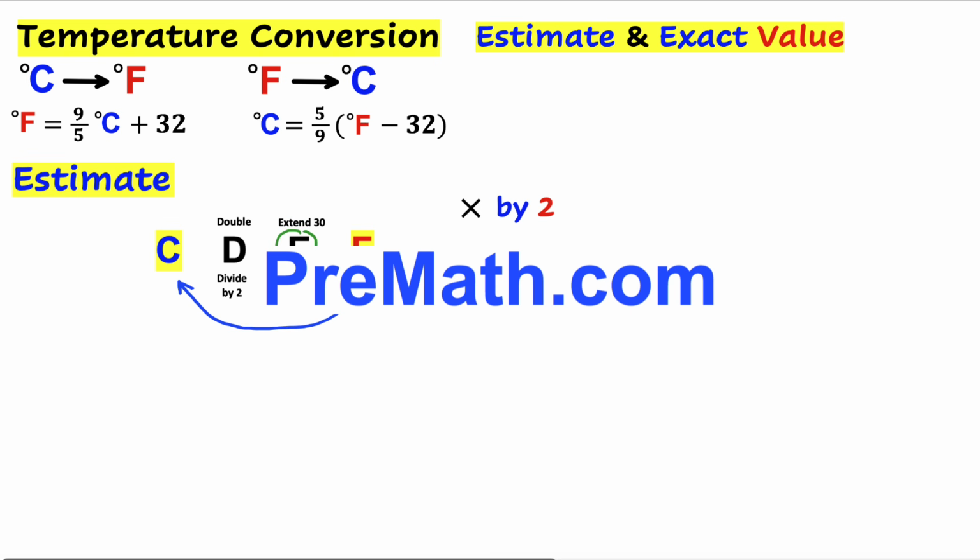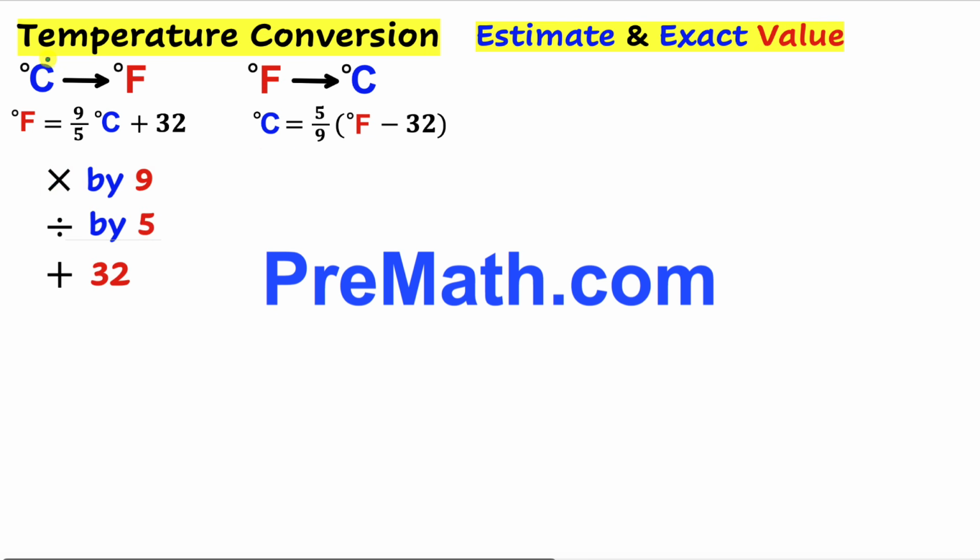E means we are going to eliminate 30 from the value of F. And then whatever the result is, D stands for divided by 2. And then we are going to get our degree Celsius value. In other words, going from Fahrenheit to degrees Celsius, we are going to subtract 30, as you can see over here. And then we are going to divide this by 2, as you can see over here.